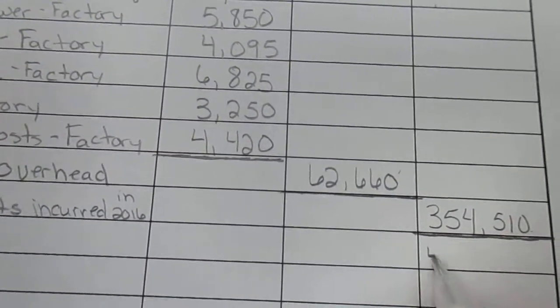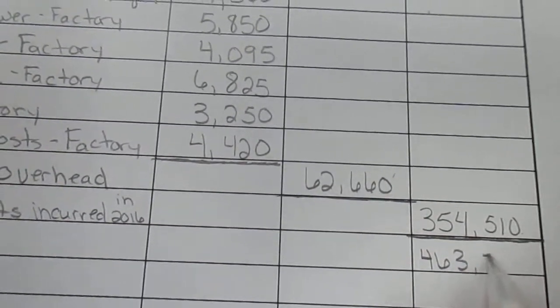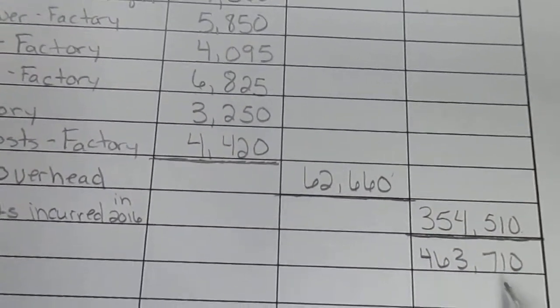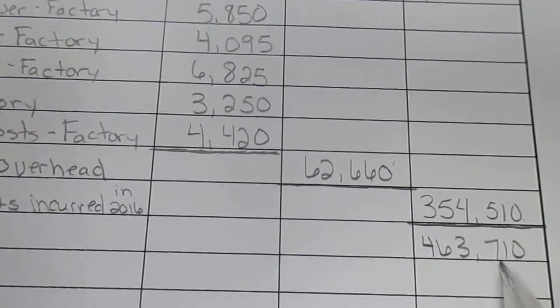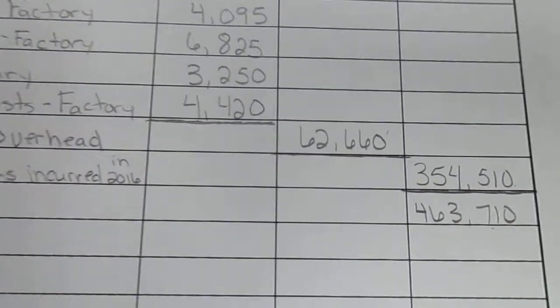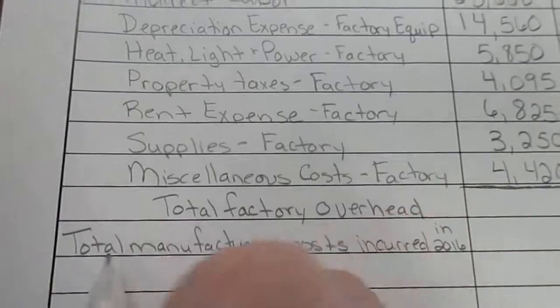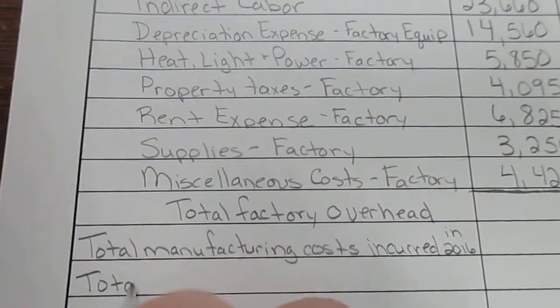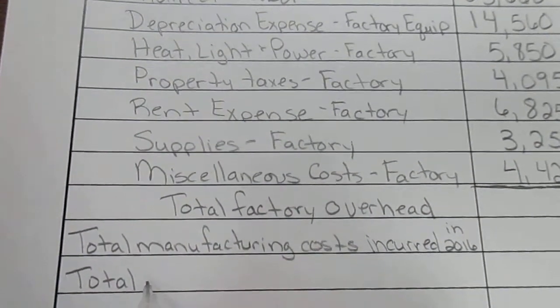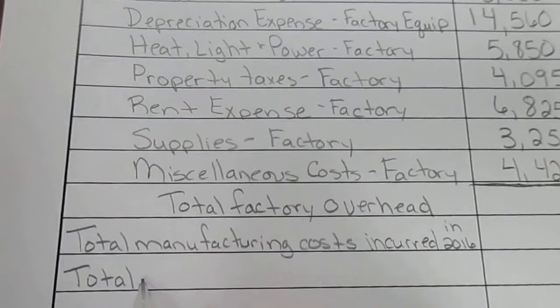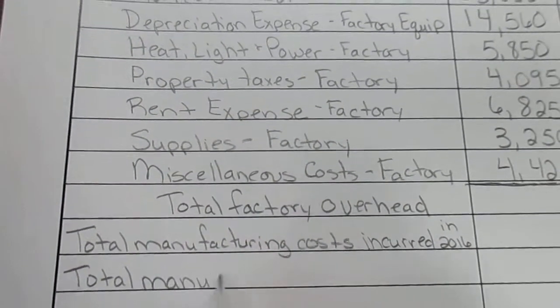And when we do that, we get 463,710. And this 463 tells us what our total manufacturing costs were altogether. Not just the ones that we incurred in 2016, but also the ones that were in process, that were in the middle of being made when 2016 began.